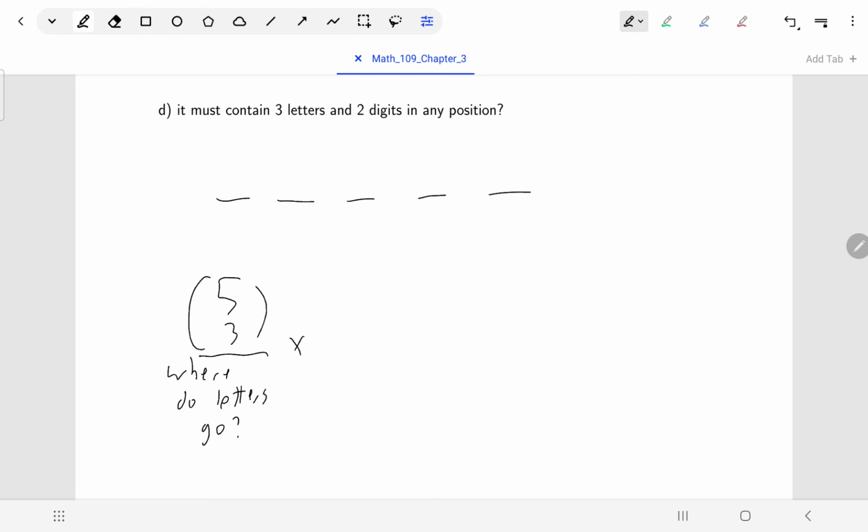So I might decide, for example, that a letter is going to go here and here and here. So now I need to start filling in those positions. I need to fill in the first letter, second letter, third letter. And just like before, if there's no restrictions on repetition, then you'd have 26 choices for the first letter and 26 choices for the next letter and 26 choices for the next letter.